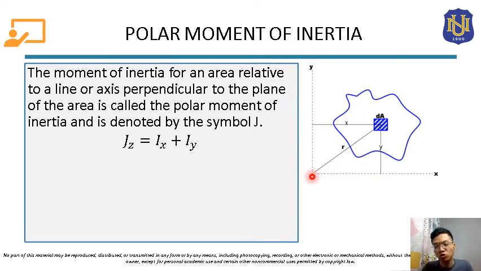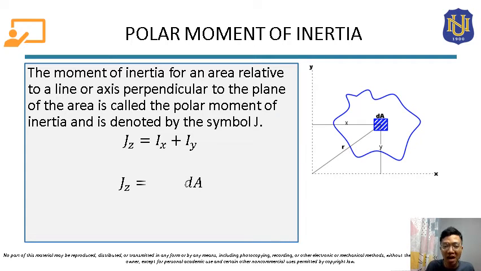Now, if you measure the moment of inertia with respect to the axis that is perpendicular, the axis going backward or forward, that is the z-axis, which will be the reference axis. The moment arm will be this distance, which we will name r.